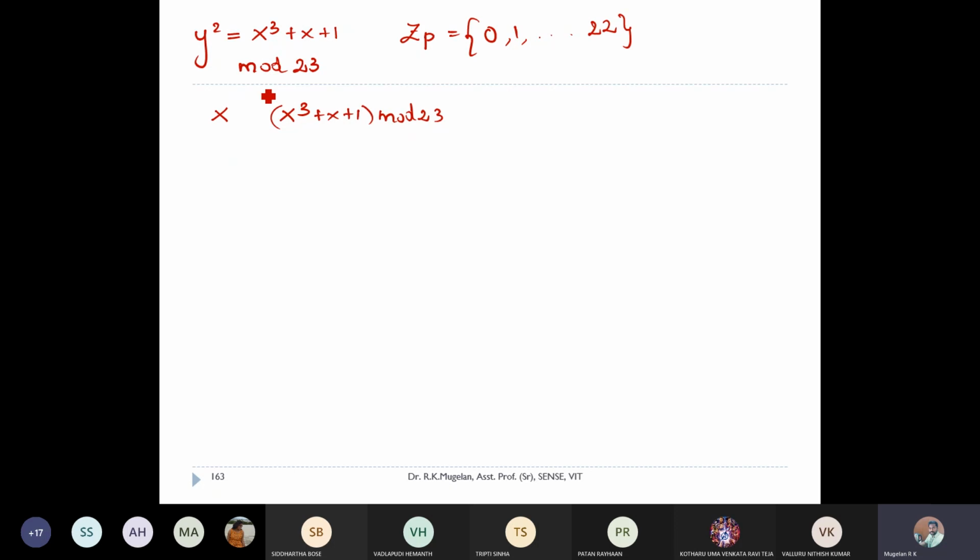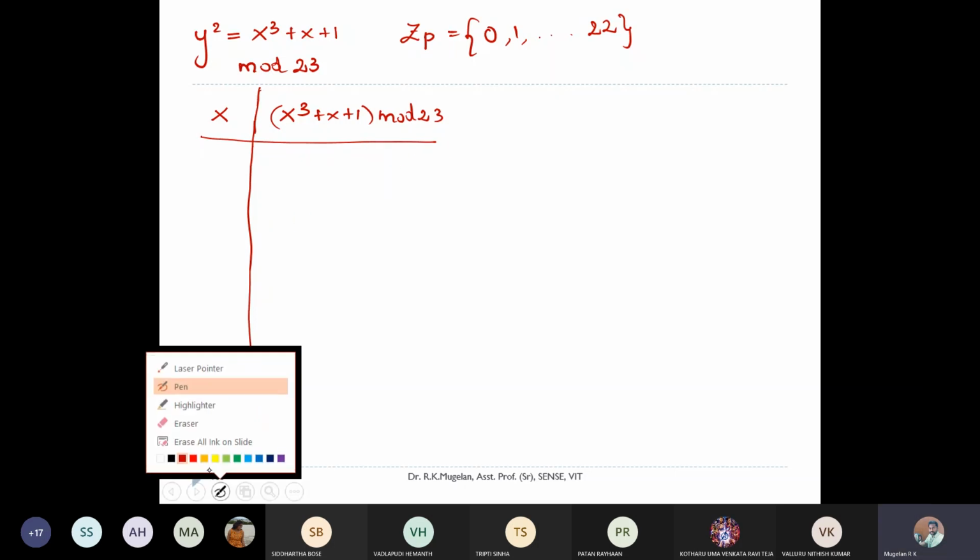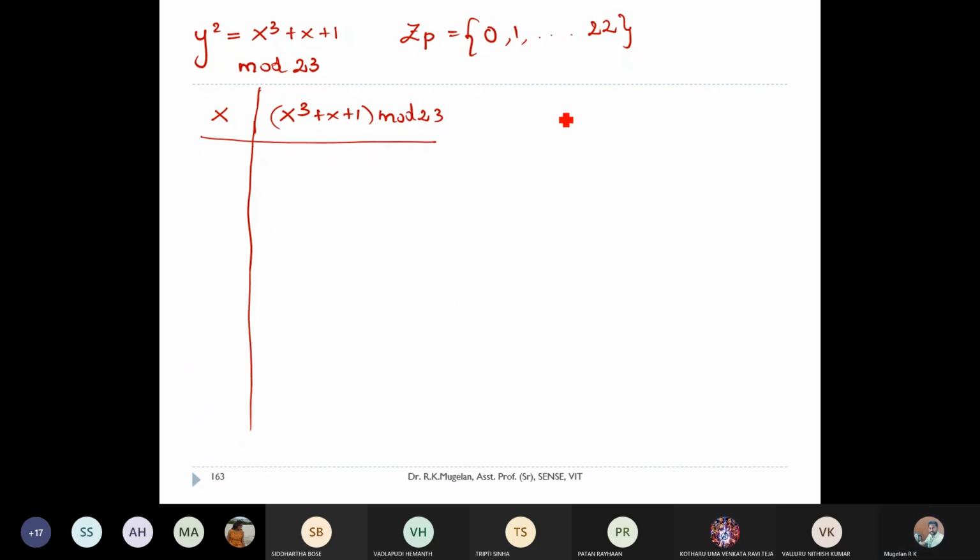I need everyone to take their calculators and help me with this one. This is the right hand side part of the equation, and next will be the left hand side, y for different values of y. What is y square mod 23?